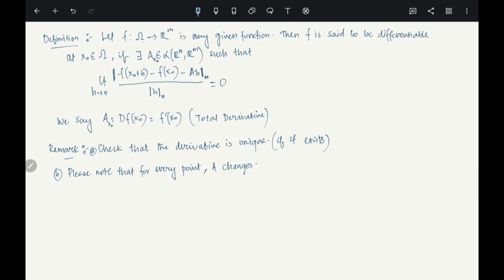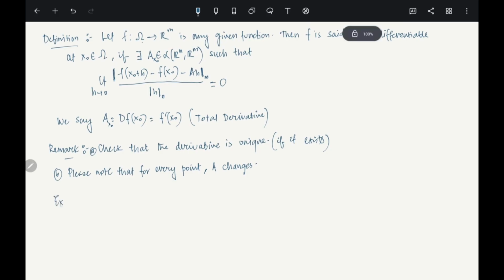Okay, so now since the derivative of a function from Rn to Rm is basically a linear transformation from Rn to Rm, let me put as an example: what is the derivative of a linear transformation? If you are starting out with a linear transformation, what should be its derivative?